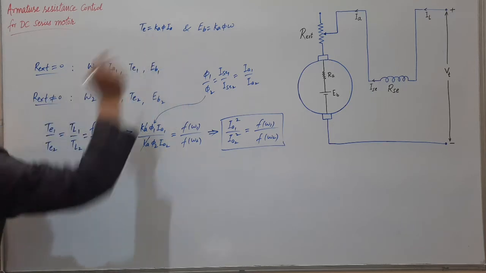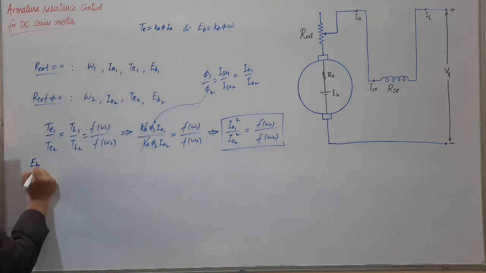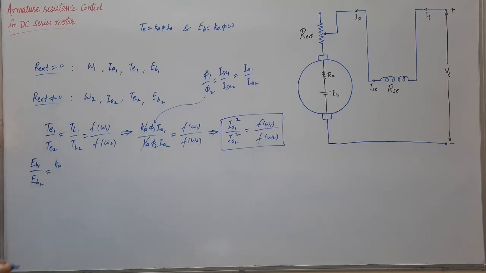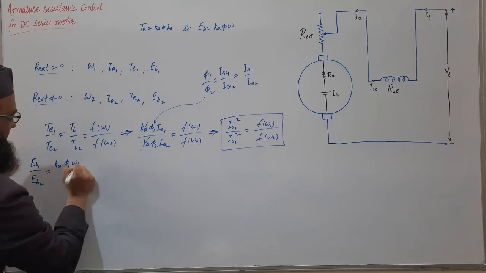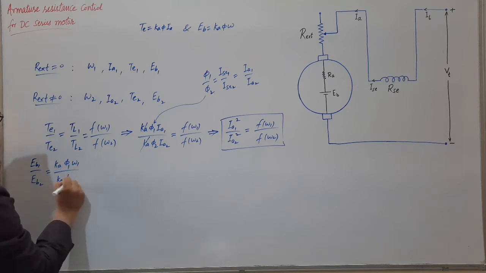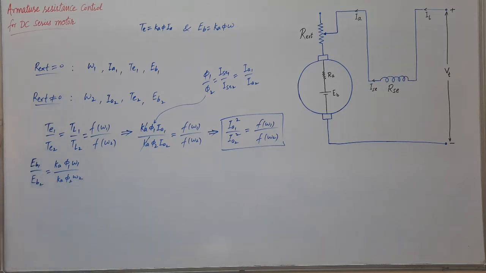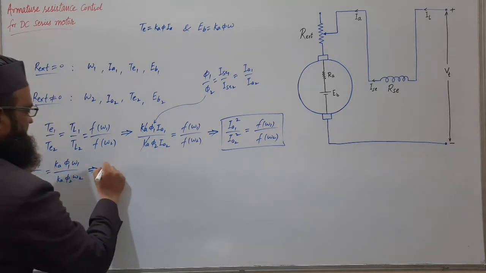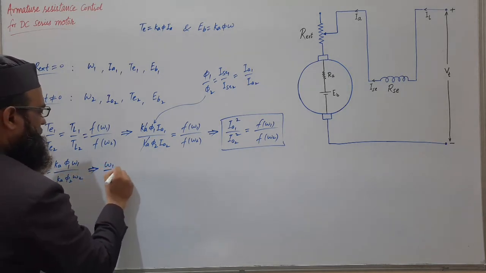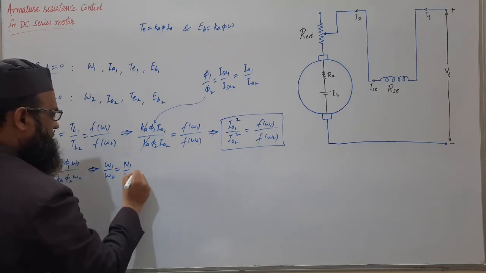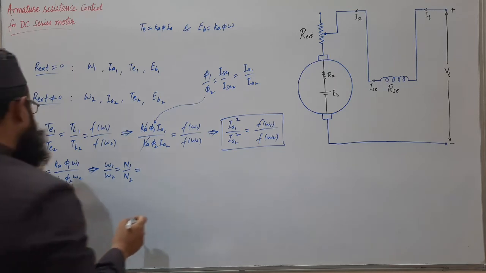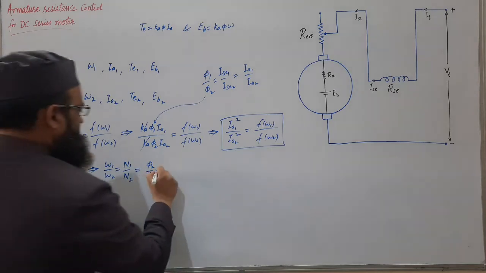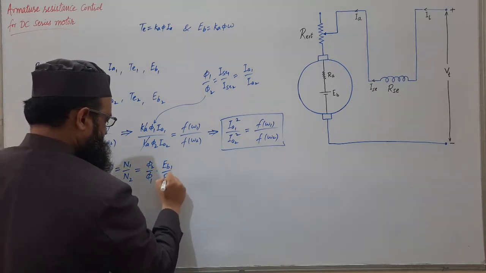Now let us use this equation, EB1 upon EB2 will be equal to machine constant Ka times phi 1 omega 1 upon phi 2 omega 2. So from here, let us take the speed aside, omega 1 by omega 2 or n1 by n2 as we know. So this omega 1 by omega 2 may be written as phi 2 by phi 1 times EB1 by EB2.